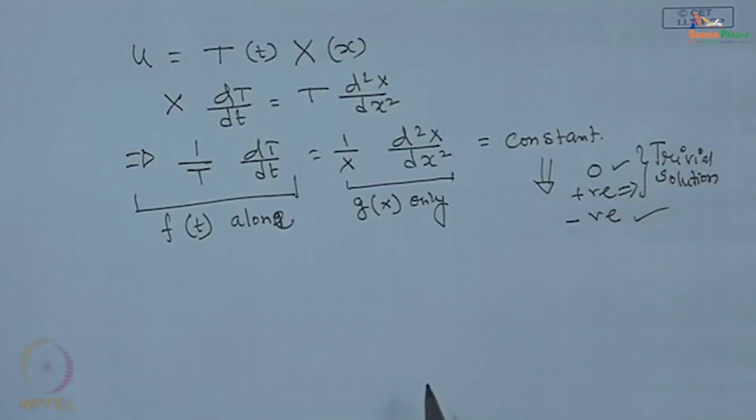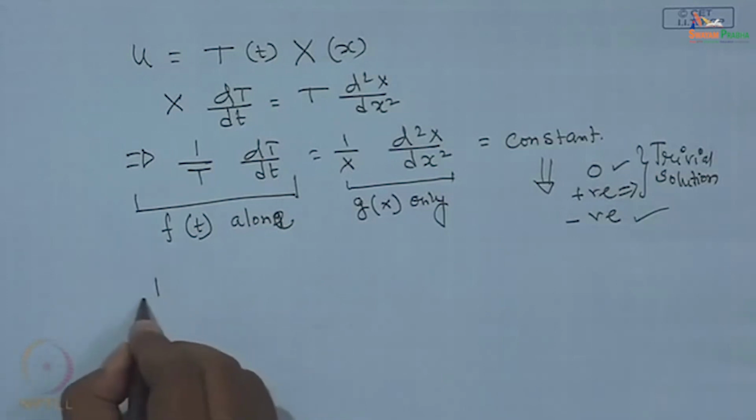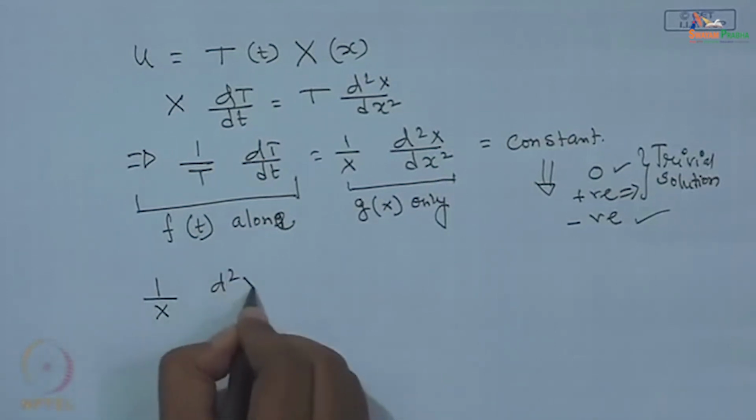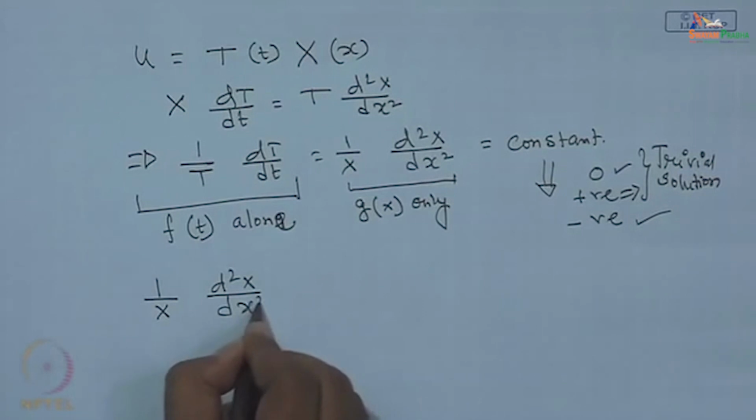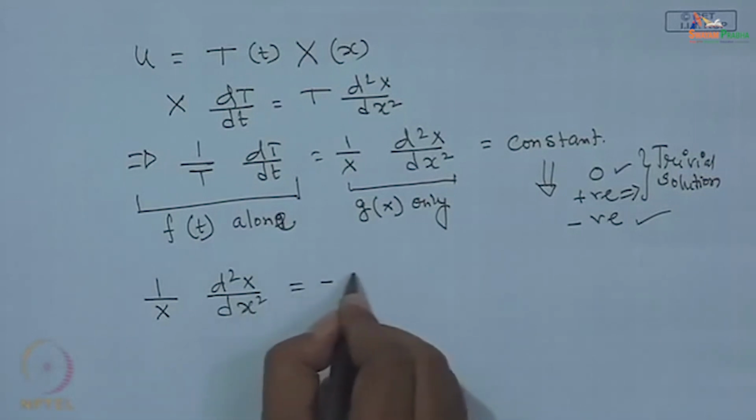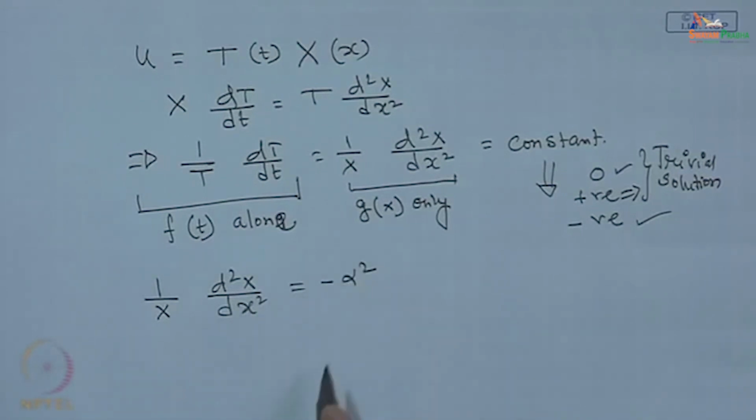That I have proved in the earlier classes. So, this constant has to be negative in order to get a non-trivial solution. Therefore, (1/X) d²X/dx² = -α². So, minus alpha square ensures that this constant is negative.